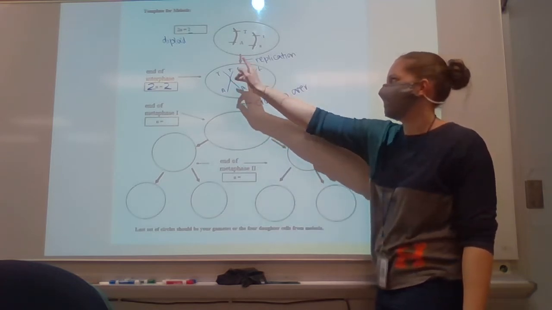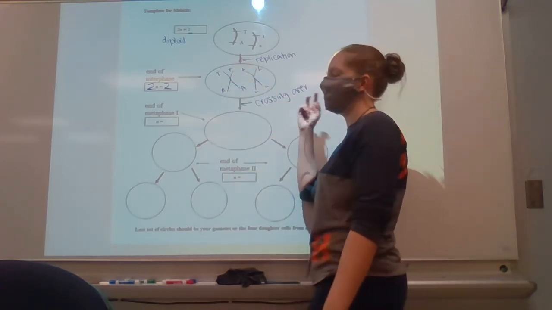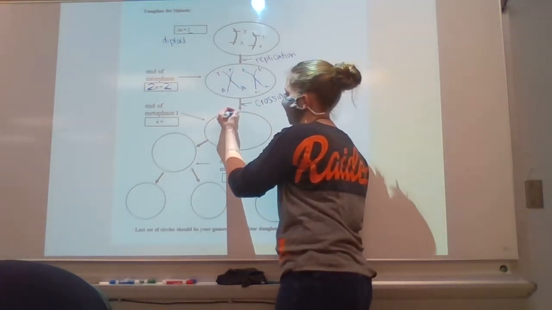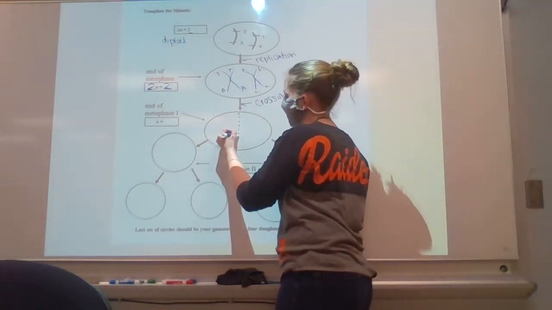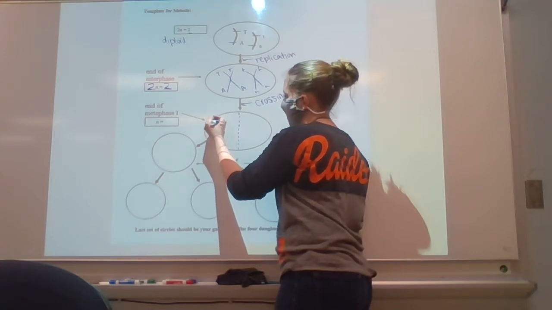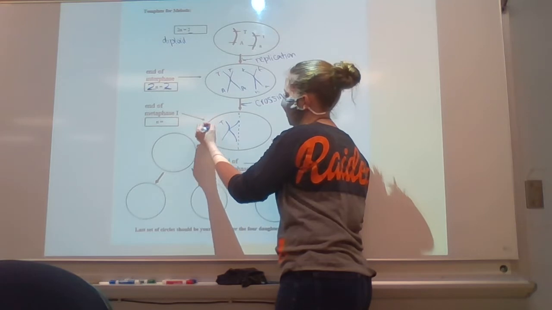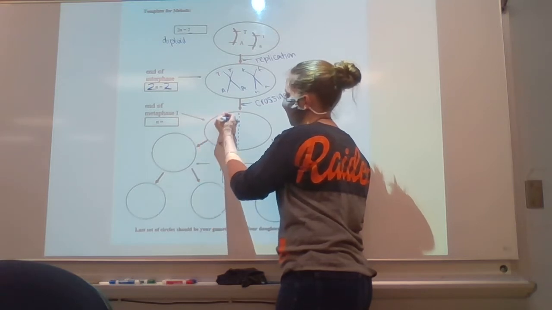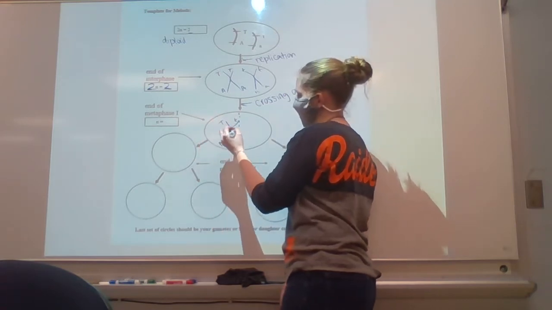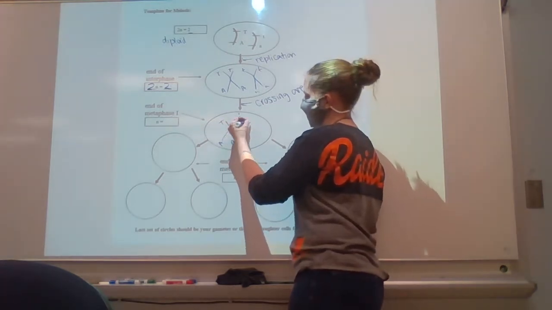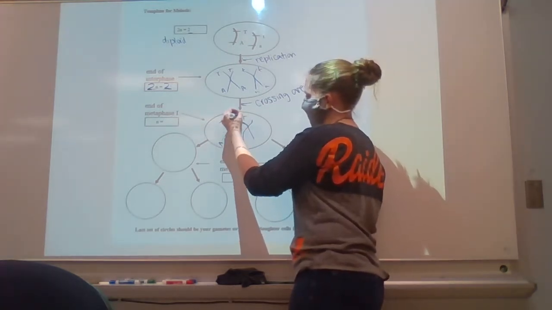Well, actually, it asked you to cross over the T. I didn't mark you off if you did the A instead, but it specifically did ask you to change over the T. So we'll show that crossing over has happened by substituting that T allele for these chromosomes that are attached.